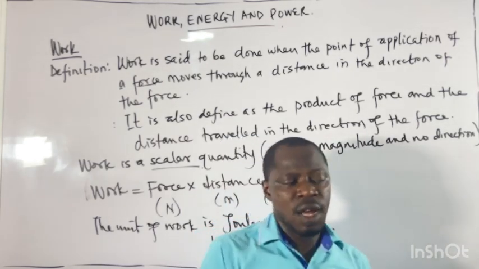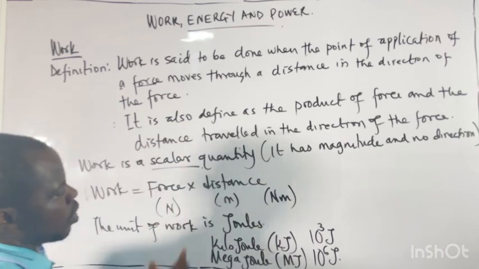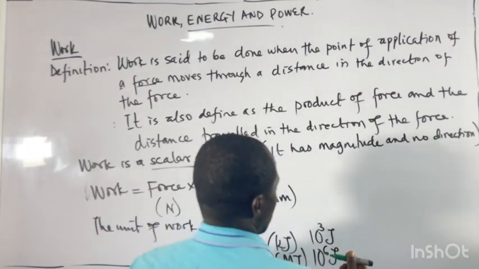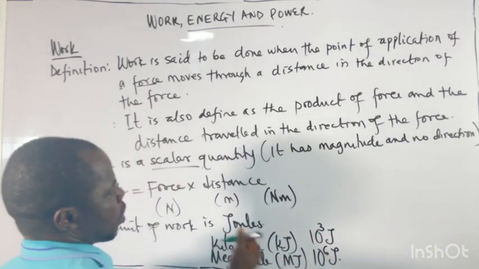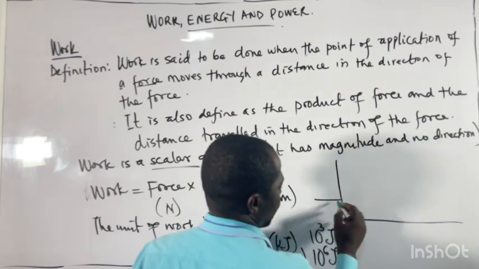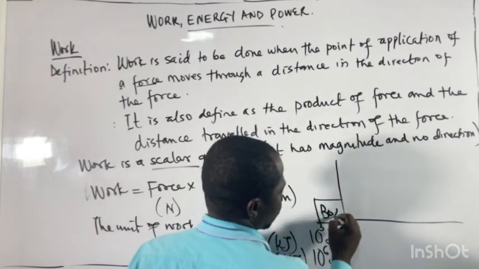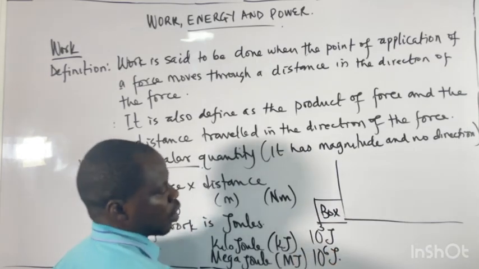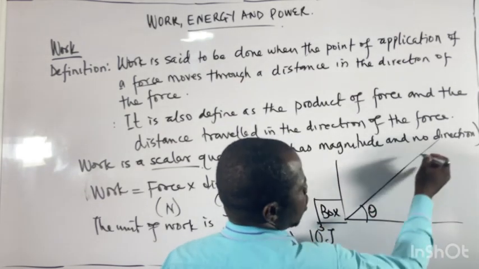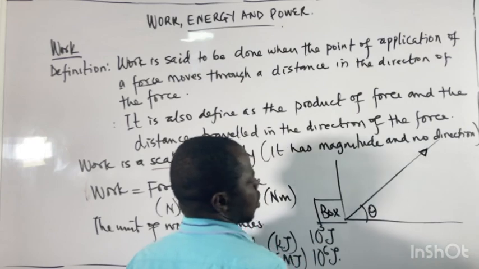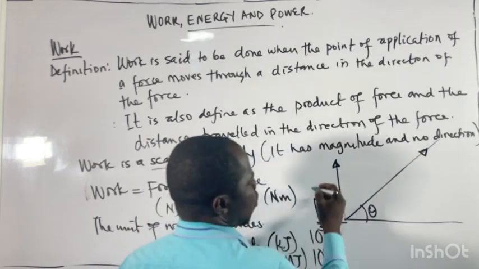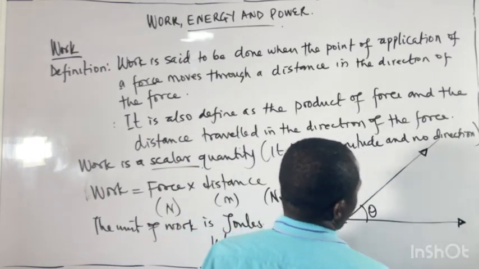Also, this work can be related to the fact that the point of application of force may not be in the direction of the distance. Take for instance, you have a body here, which is a bus, and you want to drag this bus at an angle theta. This is the force at which you are dragging it. To get this force, you need to look at it from the vertical component and from the horizontal component.